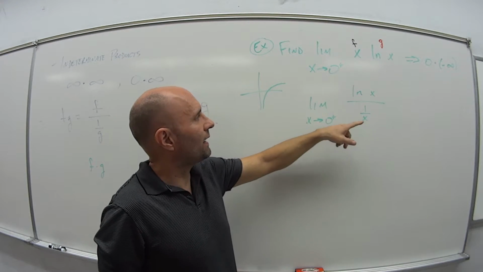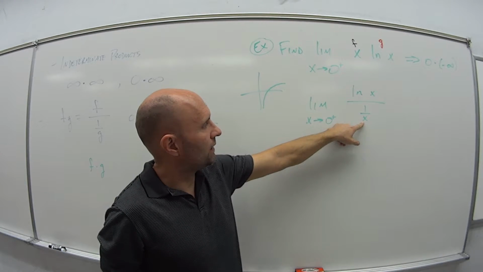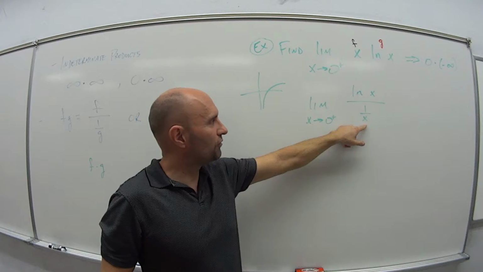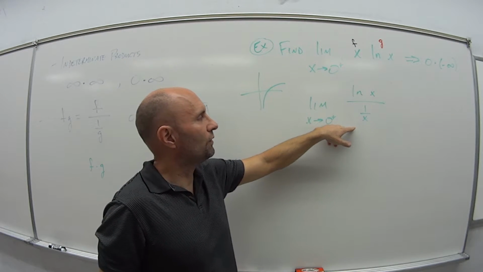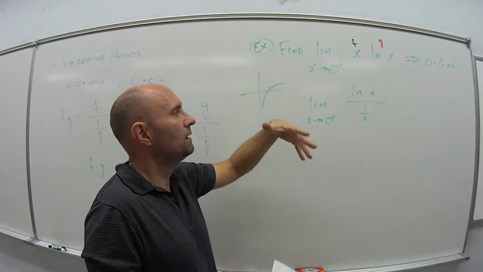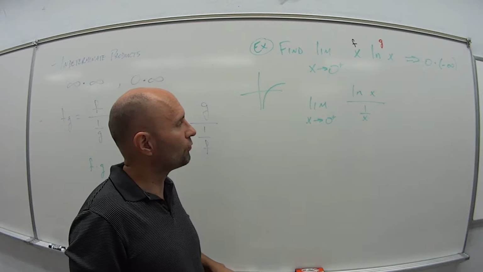Now what do I have? I have negative infinity, and if I plug in 0 here, as this gets real small, this gets real big. So it's basically negative infinity over infinity, which is okay. Now we can use L'Hopital's rule.